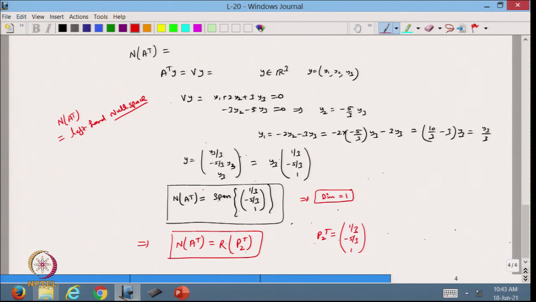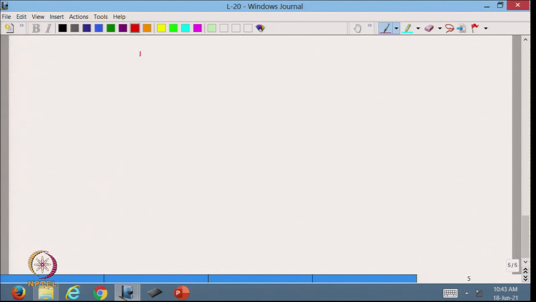If I want to find the range space of P2 transpose, then we know that it is a column vector. So, you can take it as a matrix with 3 rows and 1 column, same as we used to find the range space of A or of other matrices.